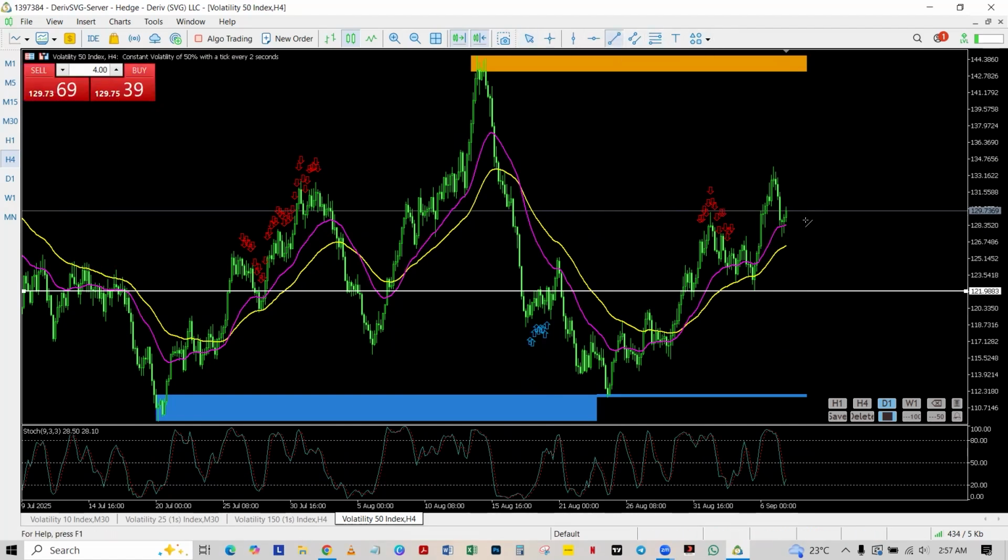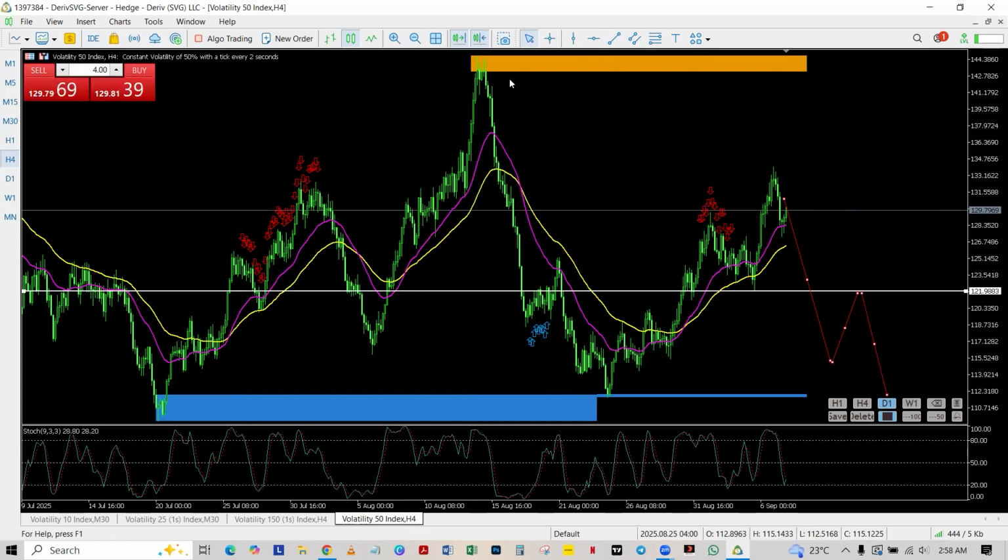Let me draw this line here. So I'm expecting to see something like this, breaks this line, then I'll be expecting it to retrace to this point here. Then the next thing is for me to expect it to move lower.